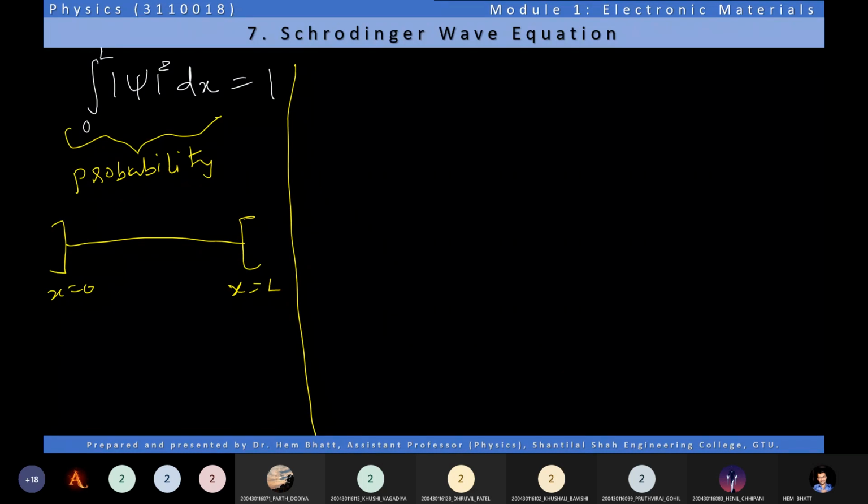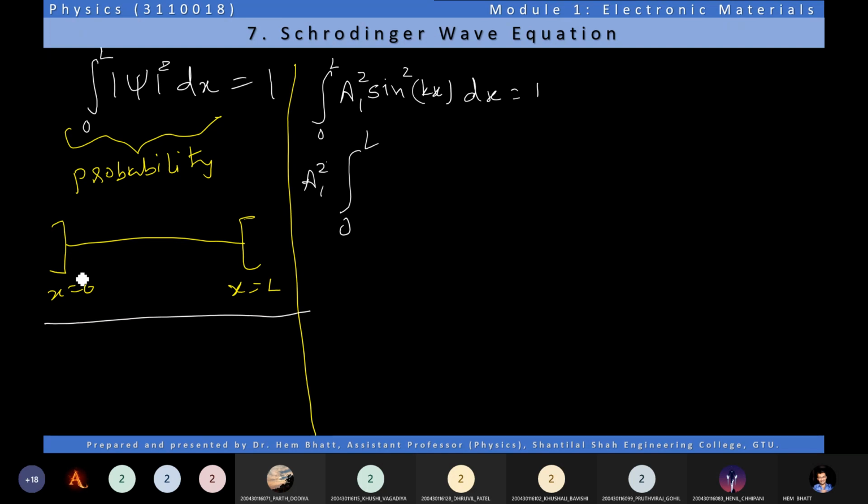So answer is 1 if I do this operation, and I am going to do this operation. So 0 to L, a1 sin kx. Okay, square કરવાનો છે. This is 1. So a1 square, 0 to L. Now you must be knowing that cos of 2 theta is 1 minus 2 sin square theta.